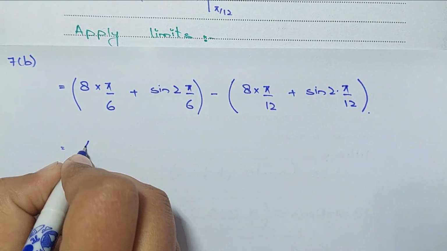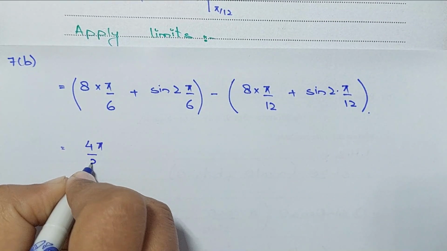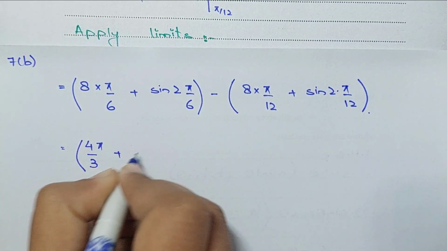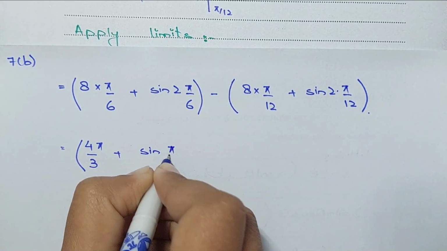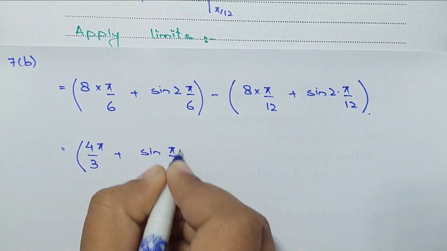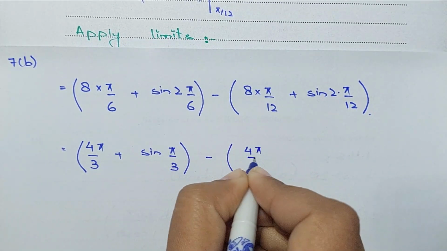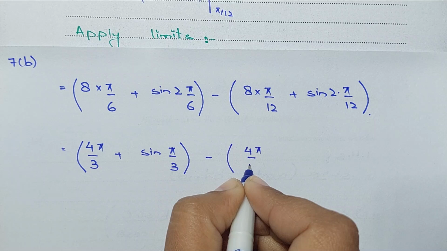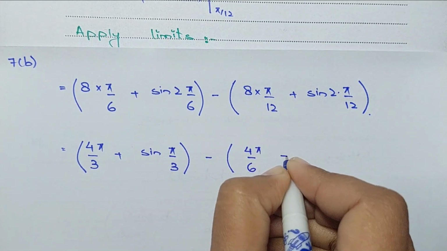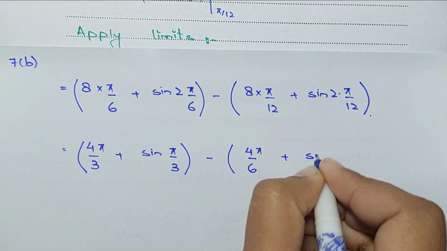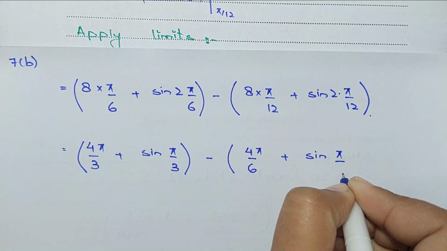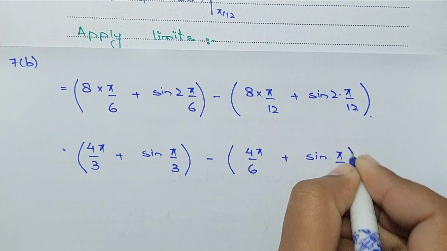So 2 times 4 is 8, 2 times 3 is 6. Sine of pi over 3. 2 times 4 is 8, 2 times 6 is 12, plus sine pi over 6.